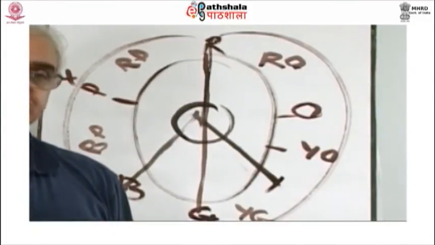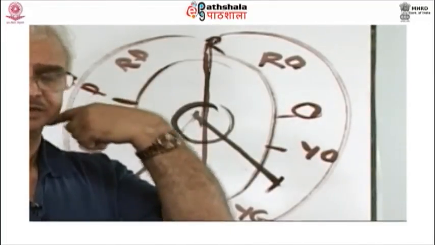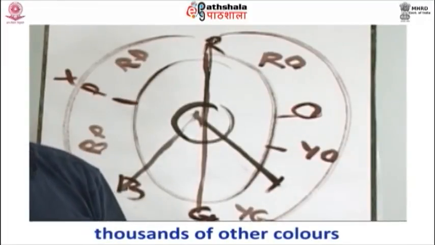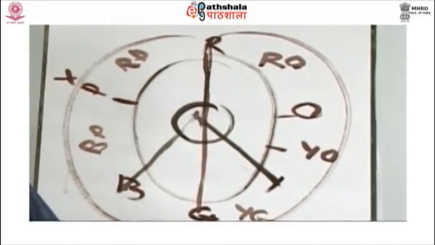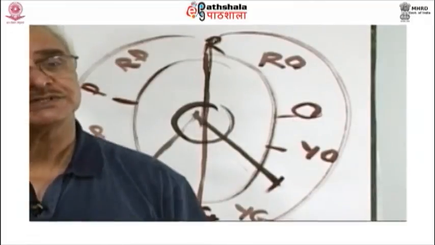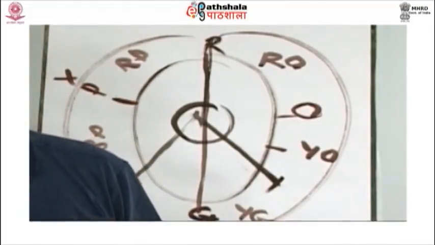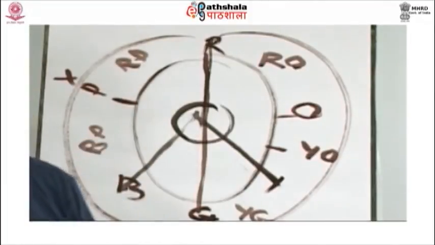The color schemes mentioned above form the main color chart. Through these colors, we decide thousands of other colors. Tertiary colors are a very important family of colors that are widely used in painting portraits. We do not apply direct red, blue, or orange while painting a face.